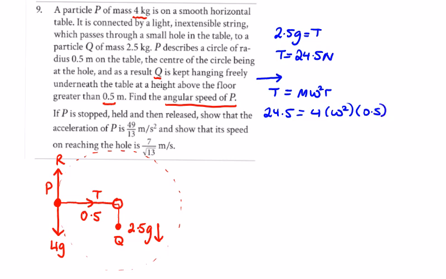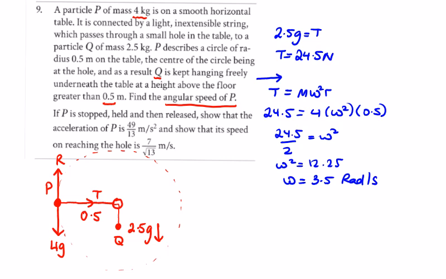So that's 2w squared on the right, so 24.5 over 2 will be w squared. So w squared is equal to 12.25. That works out evenly, that's 3.5 squared. So w is equal to 3.5 radians every second for the angular speed.